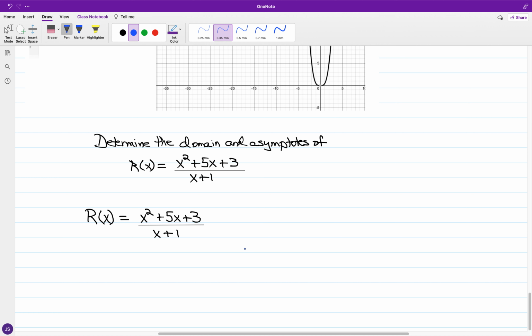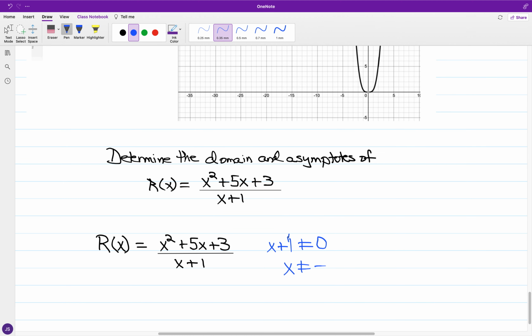If we look at this rational function, x squared plus 5x plus 3 all over x plus 1, for the domain, the restriction is that x plus 1 cannot be equal to 0. So x cannot be equal to negative 1.